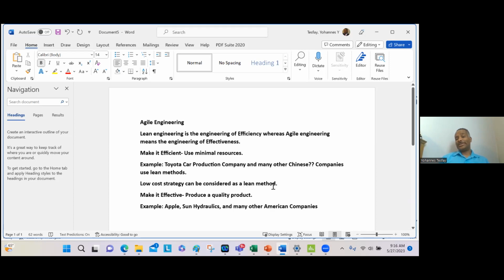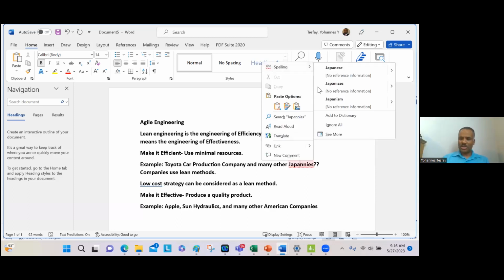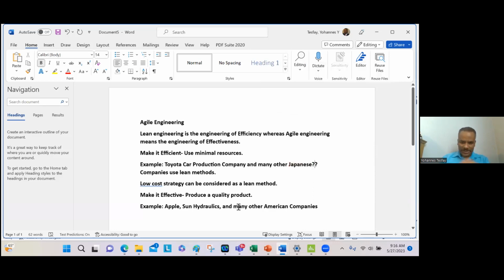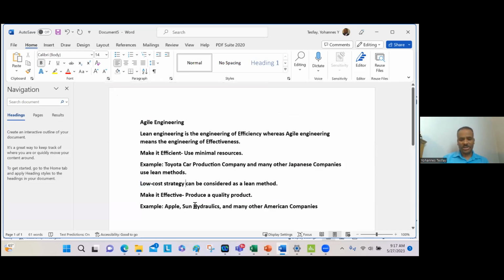Many other, actually Japanese companies, use that. This method, lean, mostly comes from Japan. Low cost strategy. China is an example.